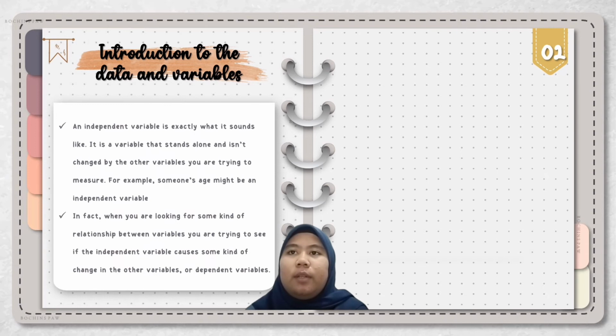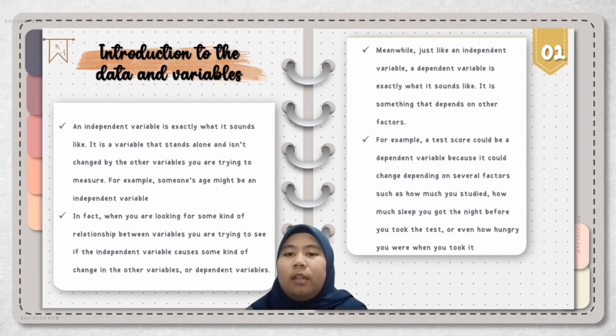Introduction to the data and variables. An independent variable is exactly what it sounds like. It is a variable that stands alone and is not changed by the other variables you are trying to measure. For example, someone's age may be an independent variable.